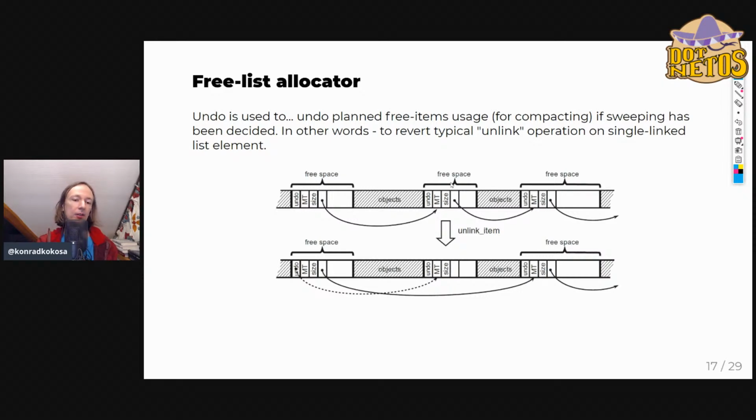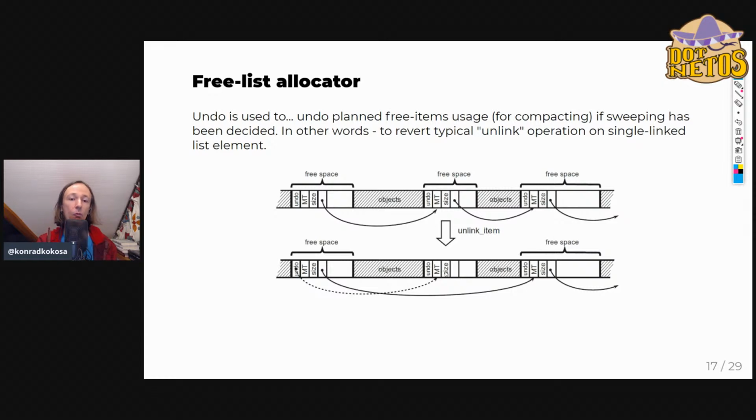And then it will, for example, decide that, okay, during our compacting and promoting things, we may decide to move objects here, and we would like to unlink this element from the free space. So this free space item element needs to be taken out from the FreeList allocator because it will be planned to be used for objects. And okay, that's fine, we can do that. We can unlink this element from the FreeList allocator.